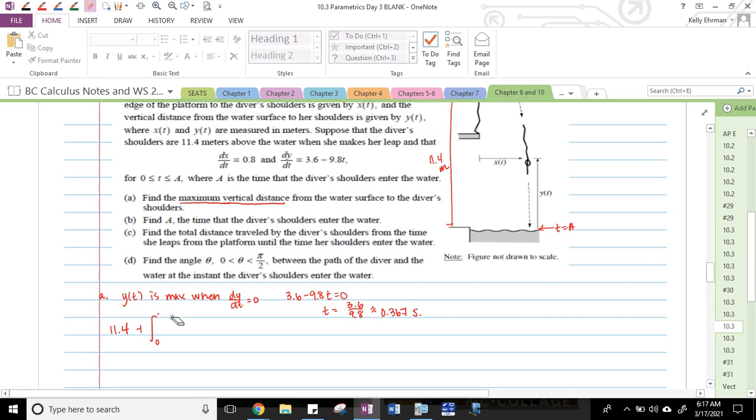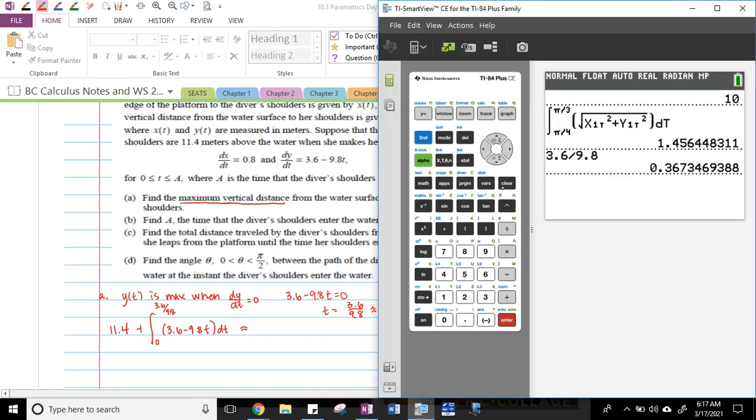Actually, I was about to write out all those decimals. Why don't we just write it as 3.6 over 9.8? Easier. The integral of y of t, 3.6 minus 9.8t dt, will tell me my maximum distance.